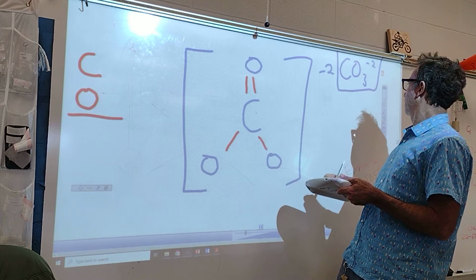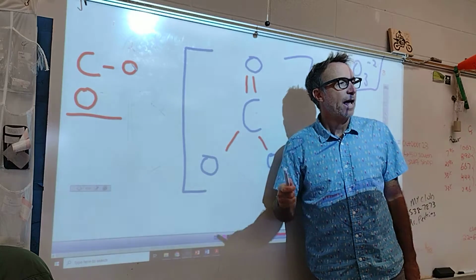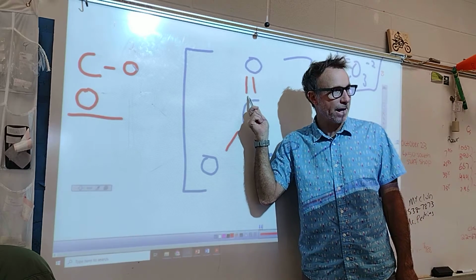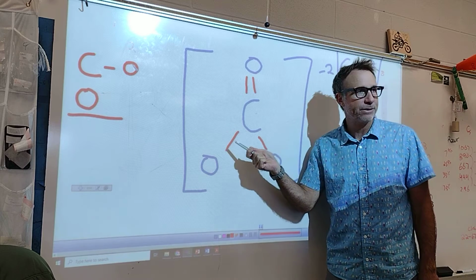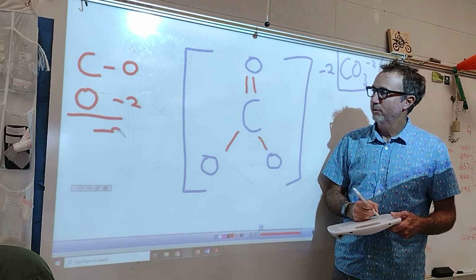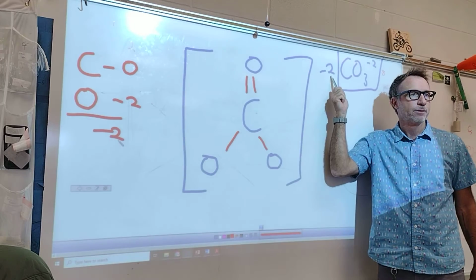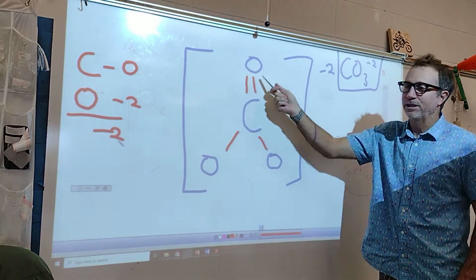Everybody agree with that? So carbon is at 0. It's happy. How many lines does every oxygen want to have? 2. But there's one missing there, and there's one missing there. So oxygen's at -2. What's the charge here? This is carbonate. Now you just add the dots that you need.